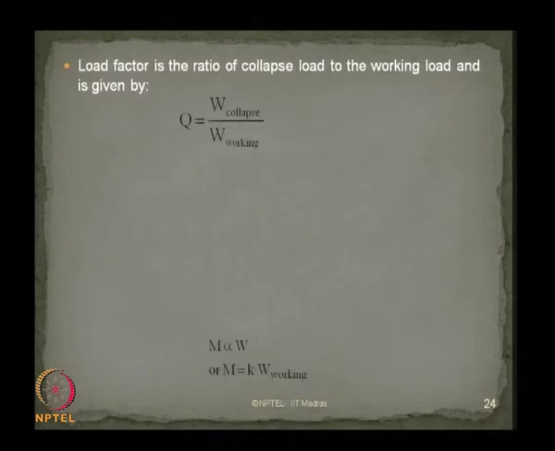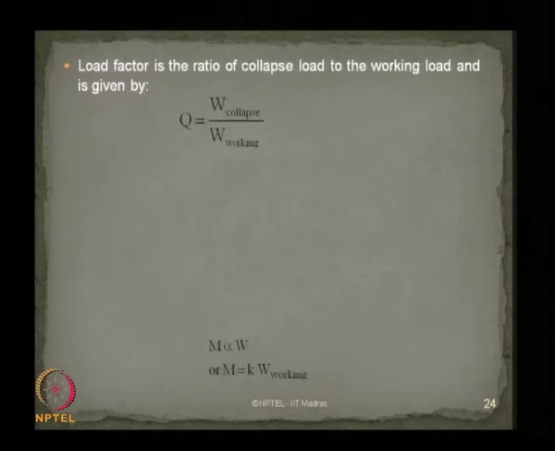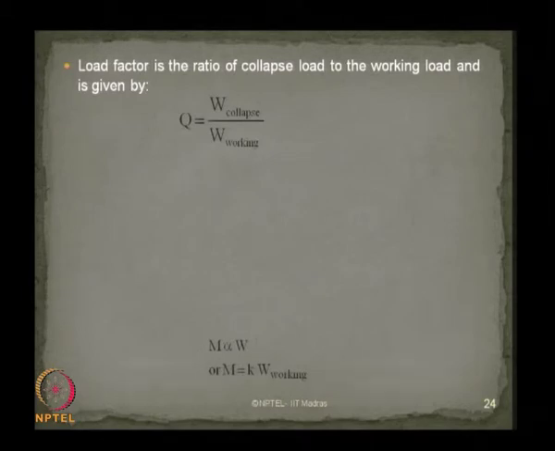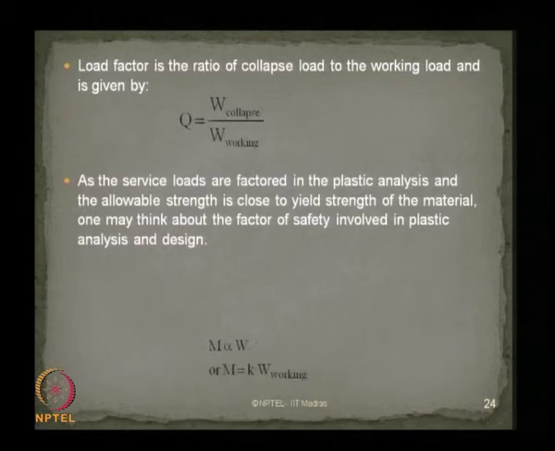The load factor, an arbitrarily selected value, is defined as the ratio of collapse load to the working load, which is given by a simple expression as you see on the screen now. As the service loads are factored in the plastic analysis and the allowable strength is close to the yield strength of the material, one may think about the factor of safety involved in plastic analysis and design.